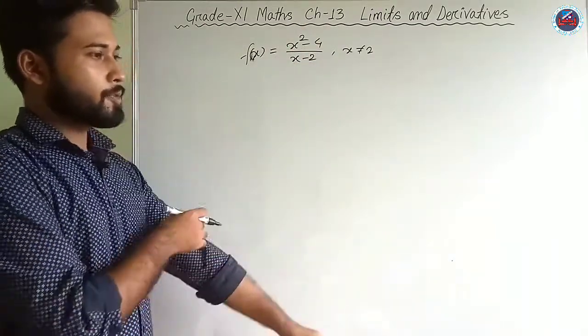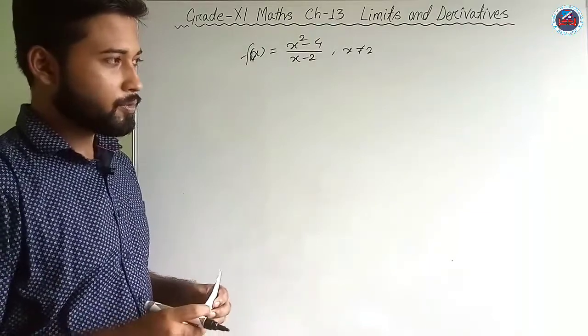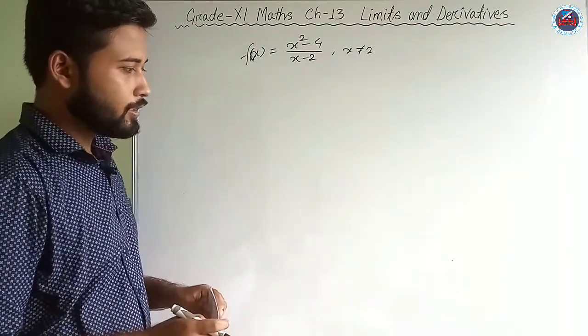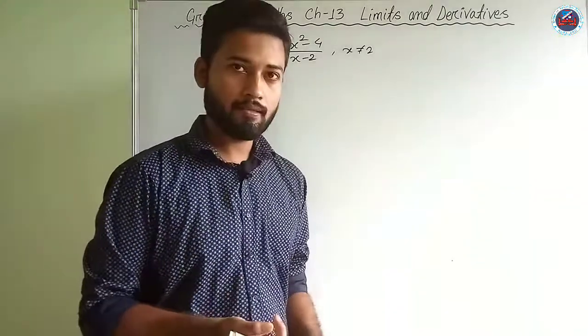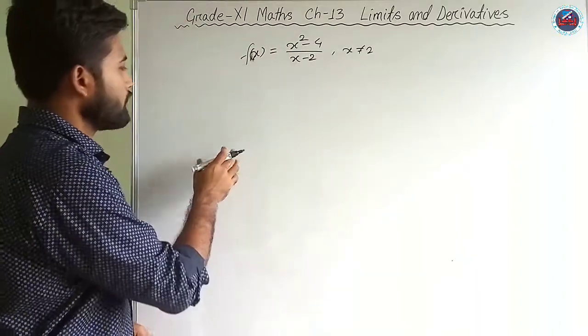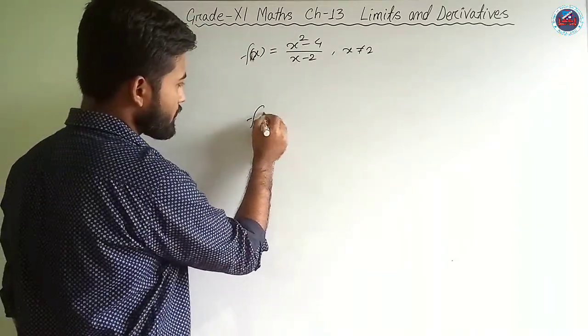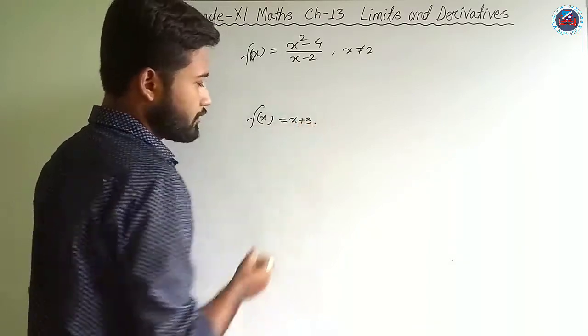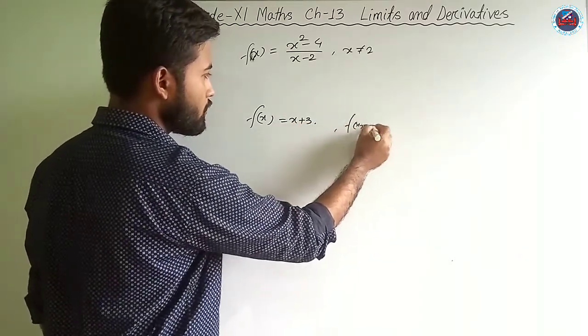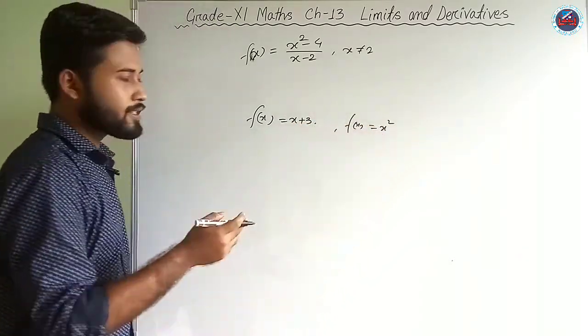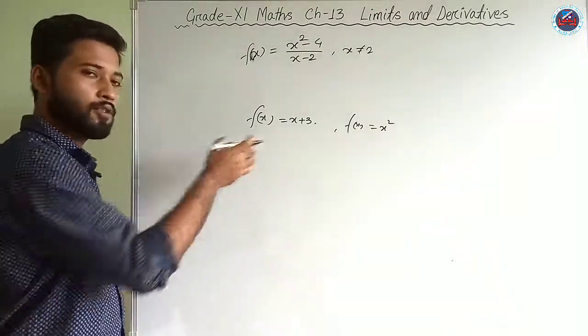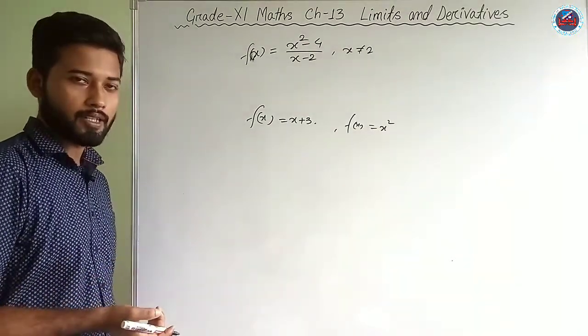Now, before going to this problem, one thing we want to see is why we are studying limits. We have functions like f of x equal to x plus 3, and f of x equal to x squared. These functions are always defined in the real number system.